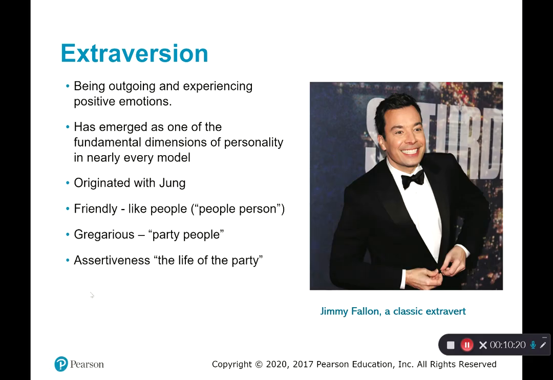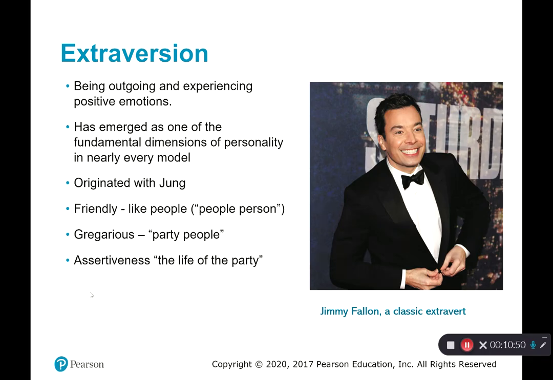Not only do they like being at the party, they are usually the life of the party. And so, in addition to being friendly and gregarious, they are assertive. They tend to be not just socially outgoing, but socially dominant. These are the people who are dancing on the table. They're telling jokes. In fact, that's a pretty good indication that someone is an extrovert.